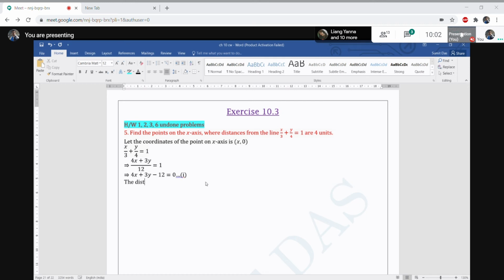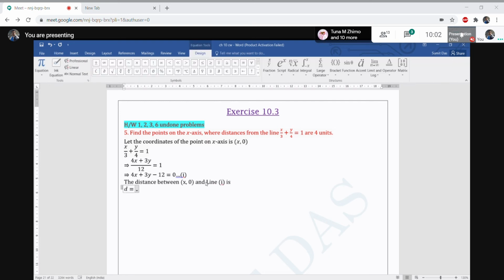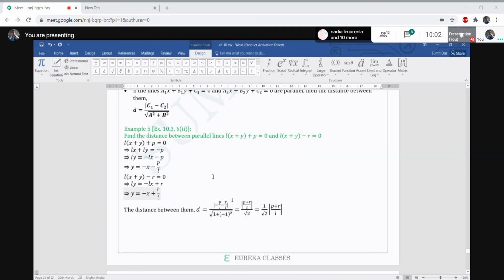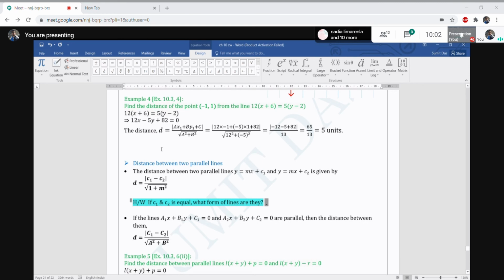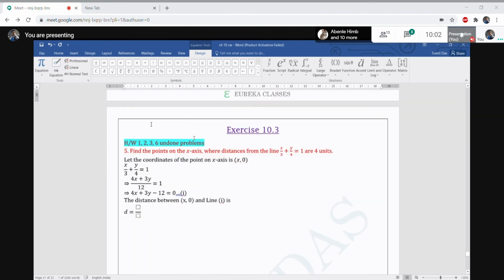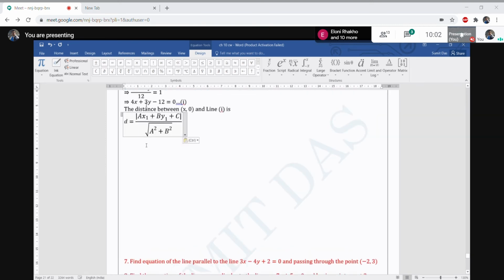The distance between x comma 0 and line 1 is, so use the formula, d equal to modulus of this formula. I don't know how many times I have to tell this formula again and again. Okay, ax1 plus by1 plus c divided by square root of a square plus b square.